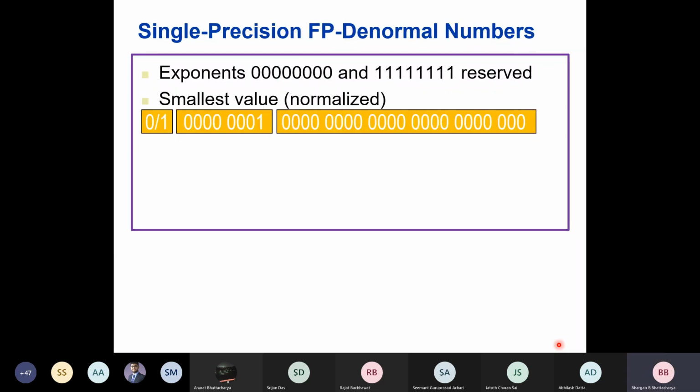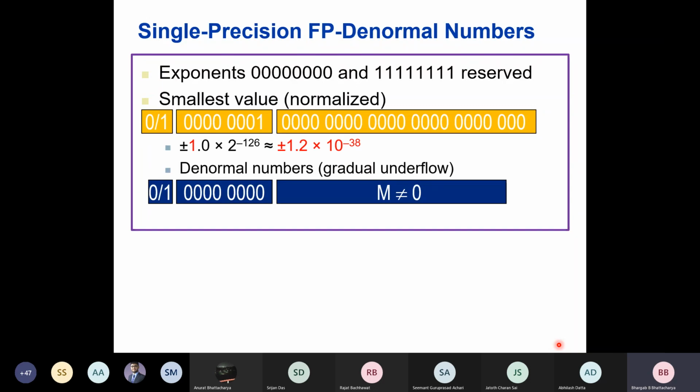So smallest value is this, largest is this. Now we'll talk about denormal numbers. In the case of denormal numbers, we don't have the concept of the leading one. In the case of a normalized number, we have 1 point mantissa. Here we don't have this 1 point, we have 0 point.